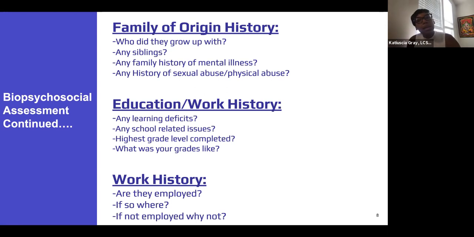What's the highest grade that they completed? Did they graduate from high school? What were their grades like? This is a really important area where we sort of lean in, right? Because education is really important, and education can be a very sensitive subject with people, right?